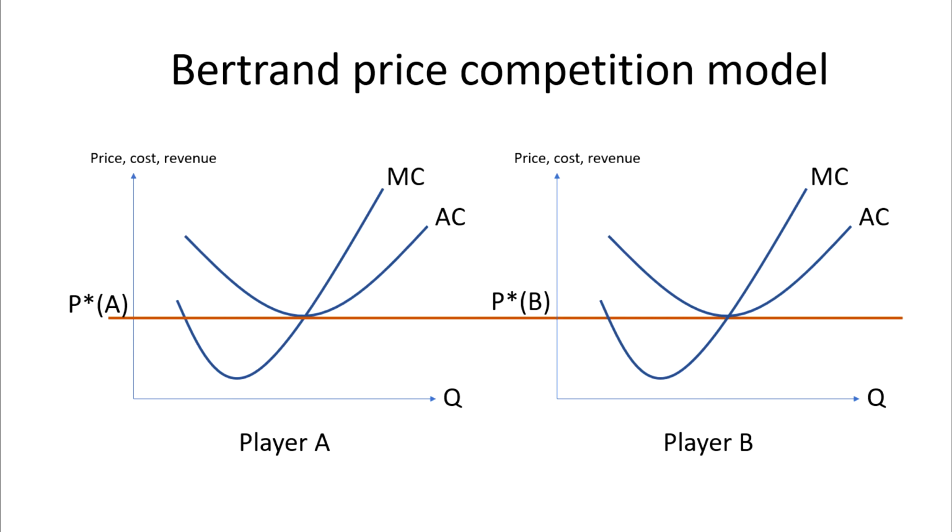at the bottom of the AC, and player A gets half of the market and B gets half of the market, but regardless of any size of the market, 100 million baht or 1000 million baht, they both get just the normal profit because the price equals AC.